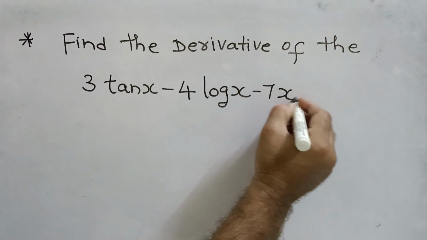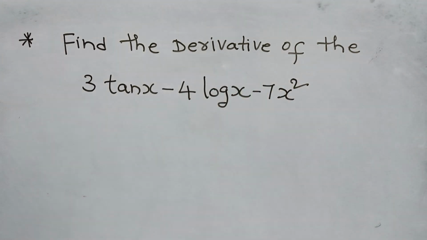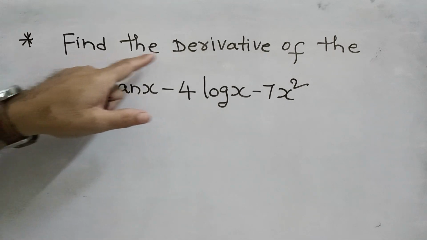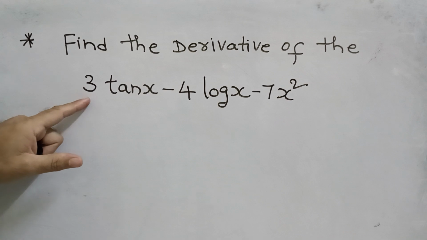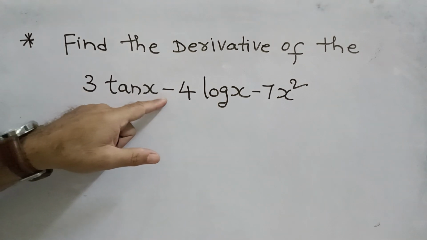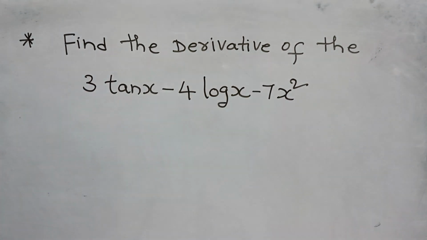This is the given expression: find the derivative of the expression 3 tan x minus 4 log x minus 7x square.